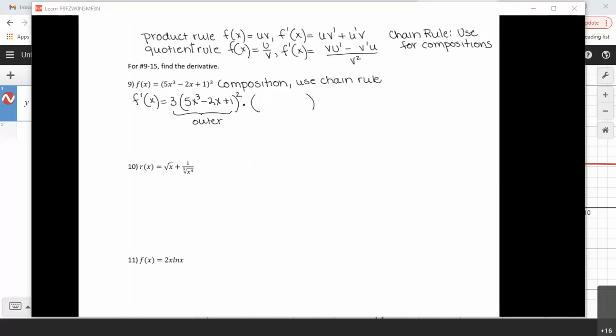These need to be in parentheses, folks, because you're multiplying both entire quantities together, and they have more than one term. So if I differentiate the inner function here, that's going to give me 15x squared minus 2.